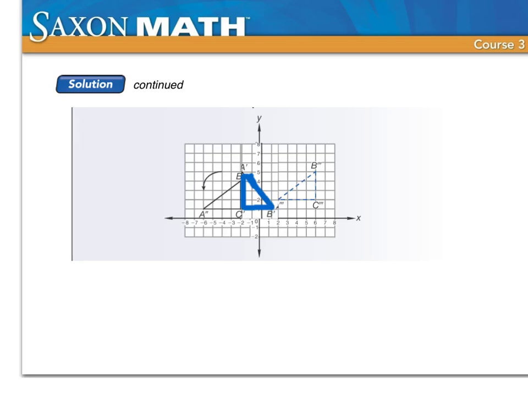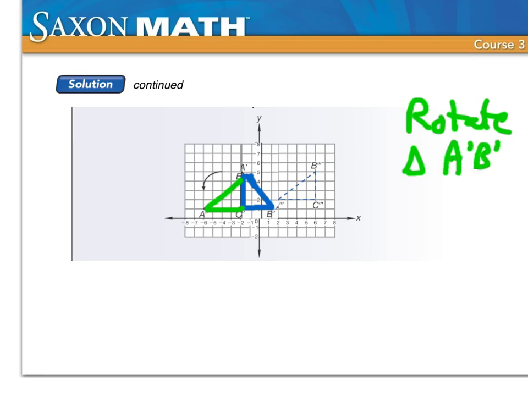Alright, so I'm going to spin it to this green part right here. So I'm going to rotate, and now the triangle is A prime, B prime, C prime. We need to tell how many degrees, and what point we rotate it over.